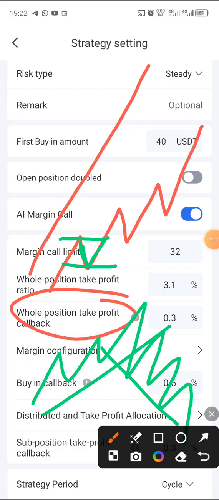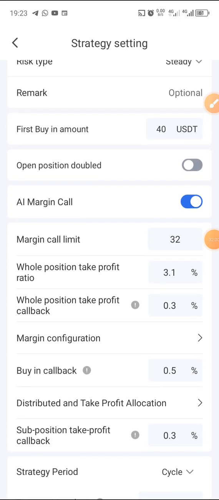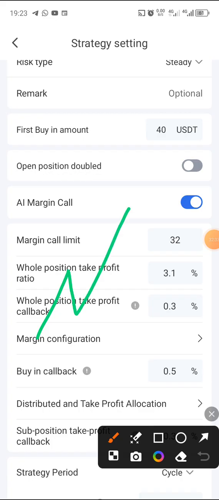Remember, even our robot doesn't control the market. All it has to do is to see, is the market trying to go on a downward trend? So if it was moving like this and tries to make a retracement, it will depend on you.